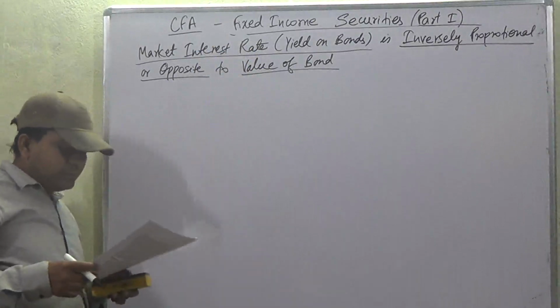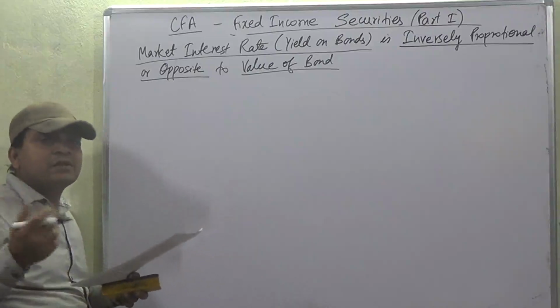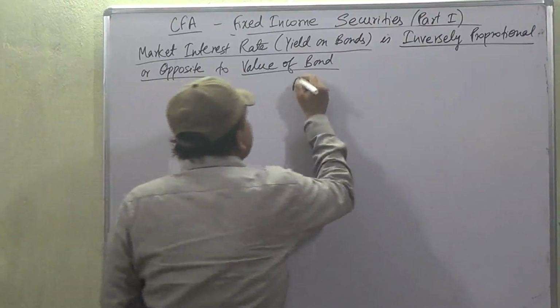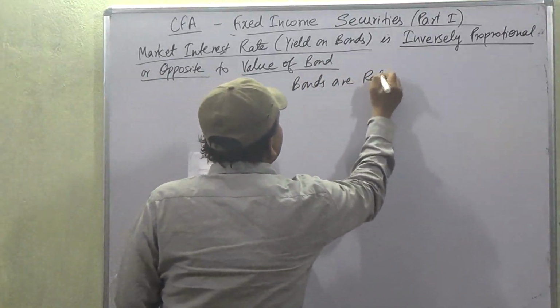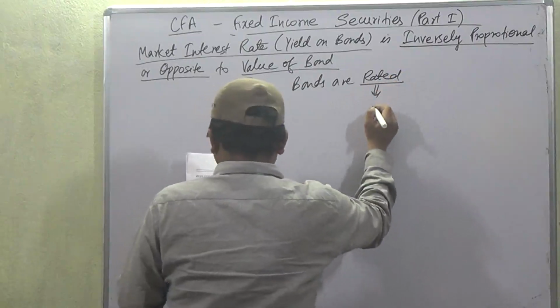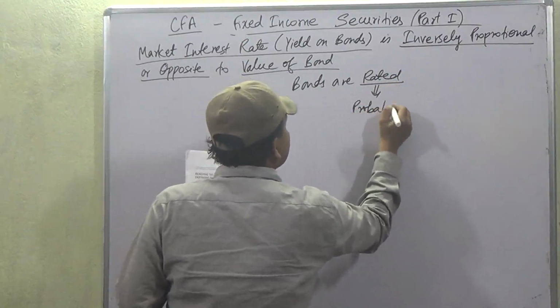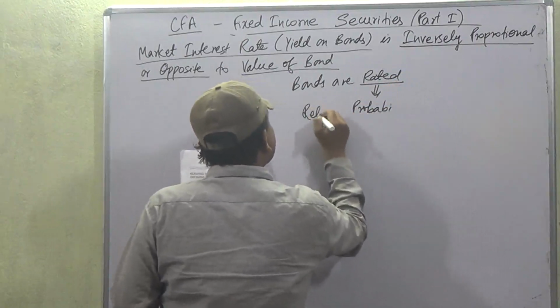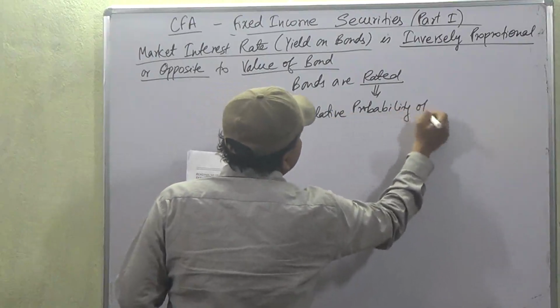Bonds are rated based on their relative probability of default. So bonds are given a rating. On which ground is it rated? It is rated for the relative probability of default.